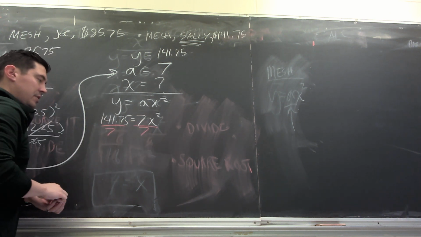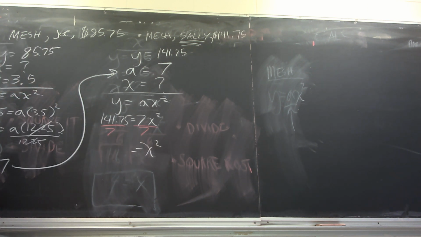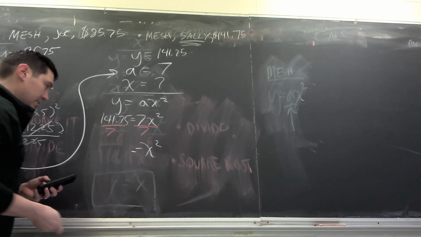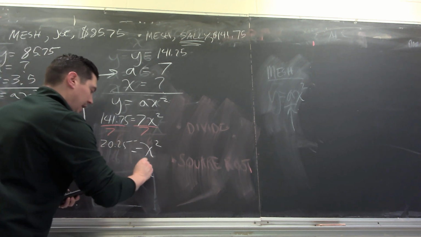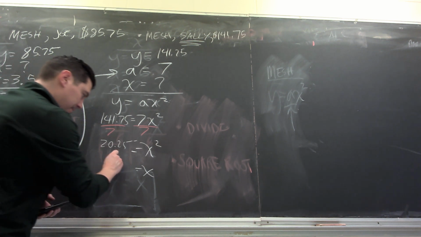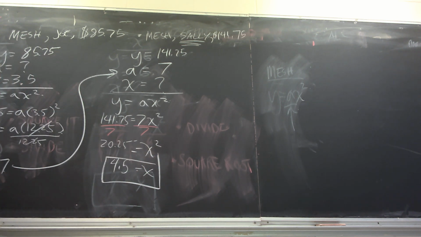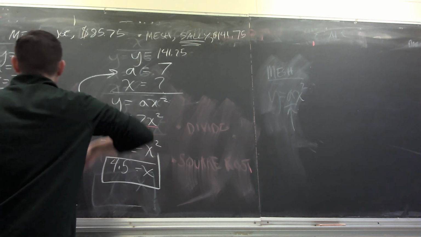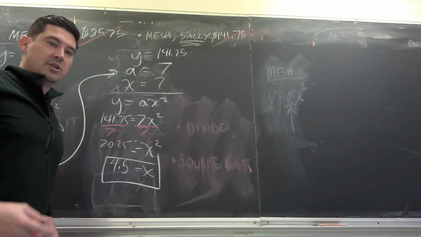We divide first: 141.75 divided by 7 is 20.25. So X is going to be 4.5. That's the size of Sally's pool. Again, I will not use this 85.75 again, and I will not use this 141.75 again.